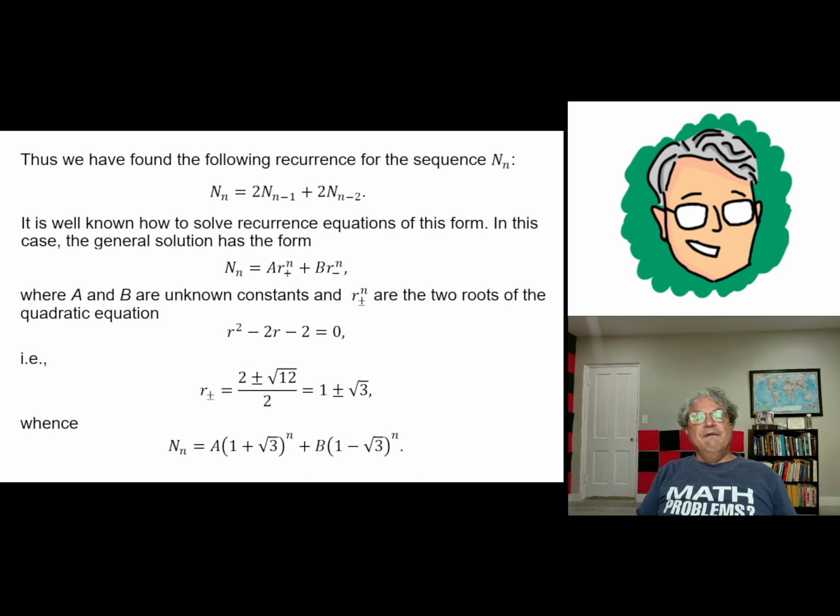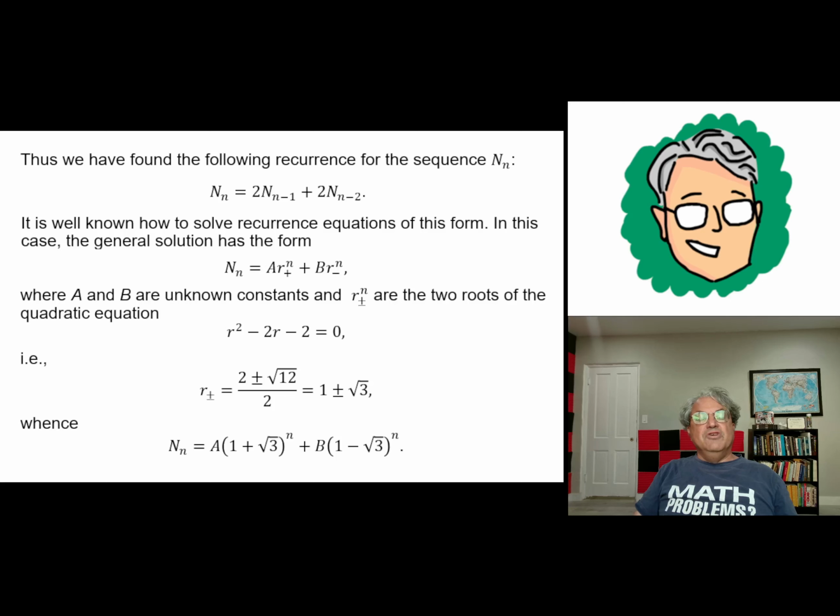Now, there's a well-known method for solving recurrences like this. I'm not going to go through the whole method, but it turns out that you can write the general solution as A times R sub plus to the nth power plus B times R sub minus to the nth power, where R plus and R minus are the two roots of the quadratic equation R squared minus 2R minus 2 equals 0.